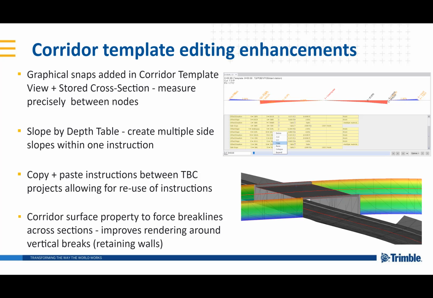This probably deserves its own slide here, because it's a huge time saver. You can now copy and paste instructions between TBC projects, allowing for the reuse of those instructions. So for example, if you had a TBC project that stored template-like instructions that are commonly used in your roadway modeling, you can take those instructions from one project, select them in the template editor, copy them, and then jump into your other project, your design project, and paste them in using the right-click method shown in the screenshot.